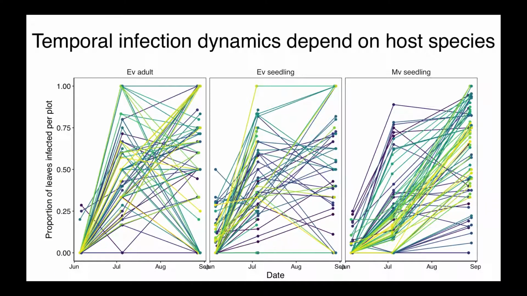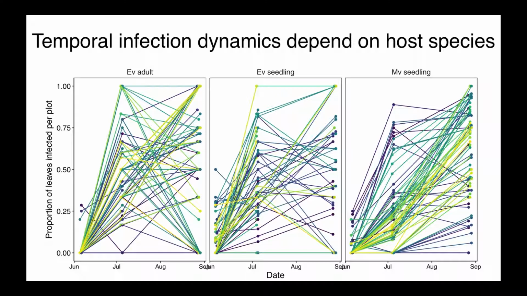So this is kind of a busy figure, but it's showing all of those 7 individuals in all of our plots over the course of the summer. And what I want you to take from this, we have the proportion of leaves infected. So like I said, it's kind of a coarse estimate of infection, but the adult infection seems to be peaking earlier in the season than a lot of the Microstegium infection.